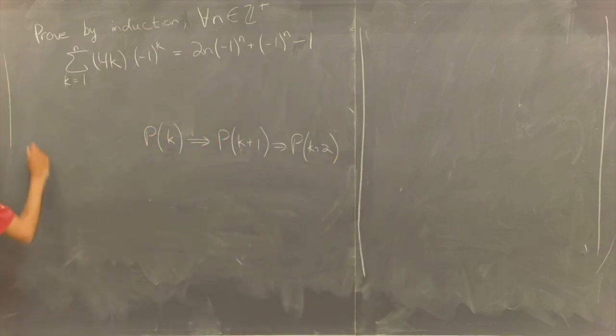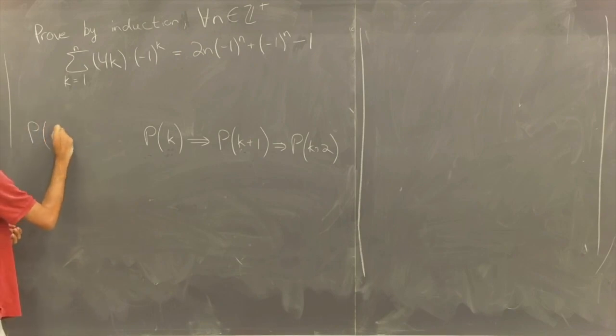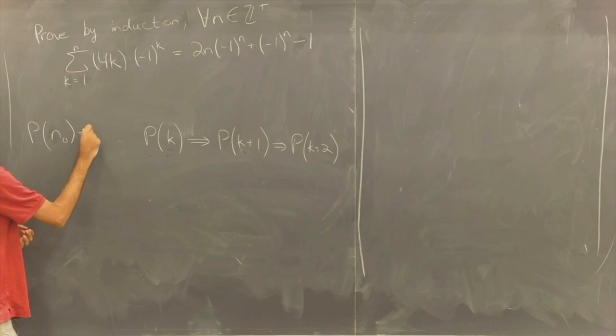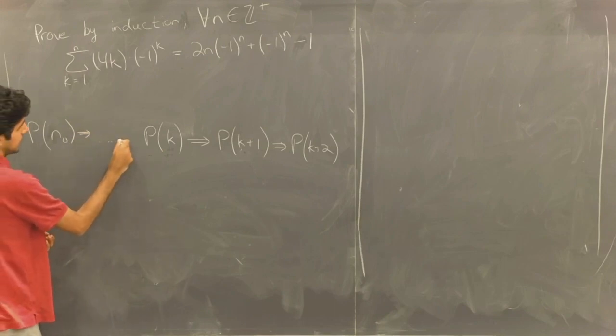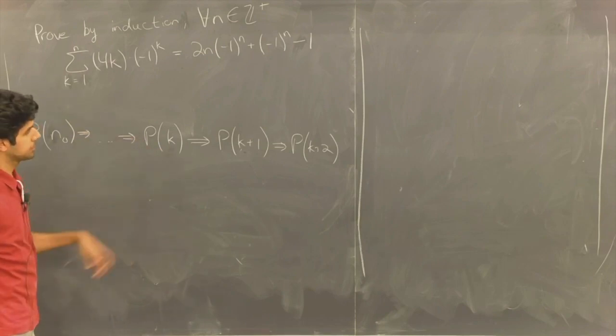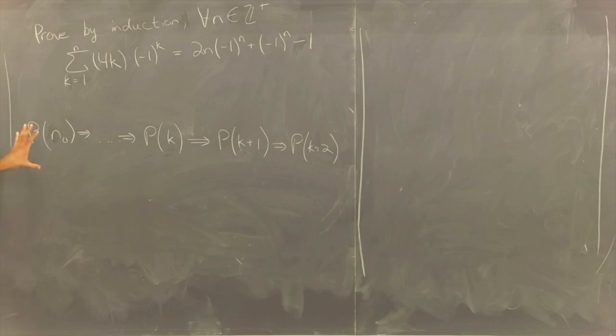However, we also need a starting point. Let's just call this n naught, where that's going to influence something ideally, which will lead up to P of k. If this does not hold true, then probably none of the rest holds true.